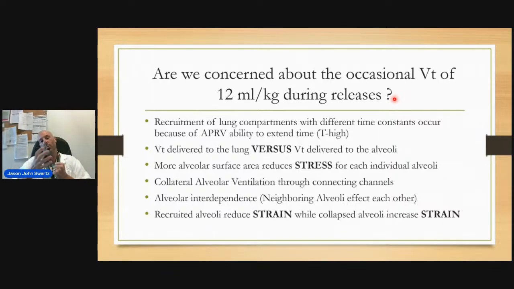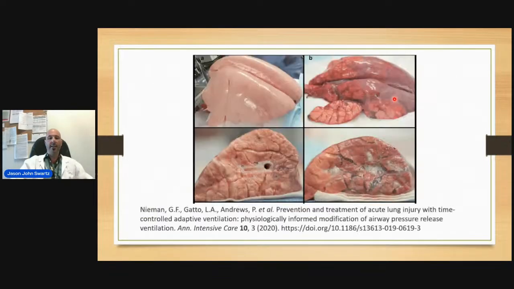So that as well will lead to more strain on the alveoli and possible distortions in the natural shape of the alveoli, because they don't have the neighbors supporting the adjacent walls. So the more you recruit, the more you're going to reduce the strain, while obviously collapsed alveoli increase strain.